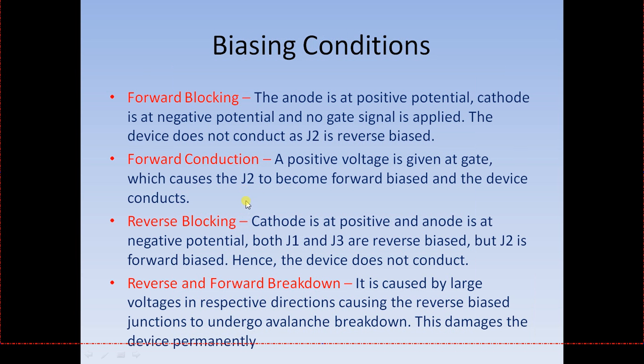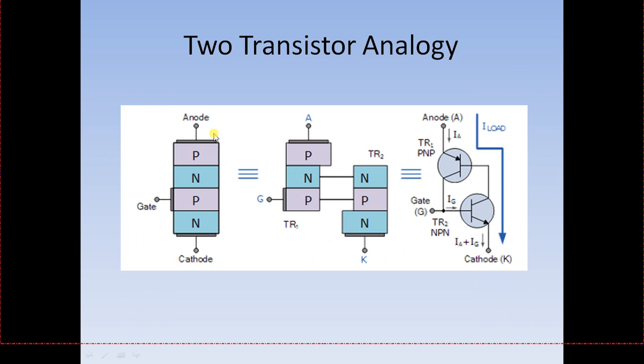The next biasing condition is reverse blocking. So as it is in the reverse direction, the cathode is positive, the anode is negative, and we don't consider gate, or we don't apply gate in the negative direction. So what is happening over here? The junction J1 and J3 are, I'm sorry, they are reverse biased, and the junction J2 is forward biased.